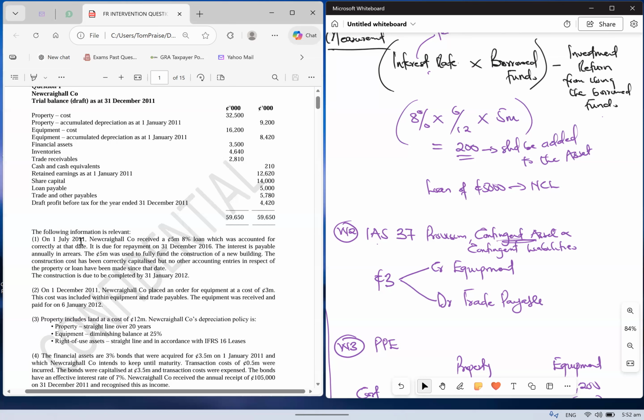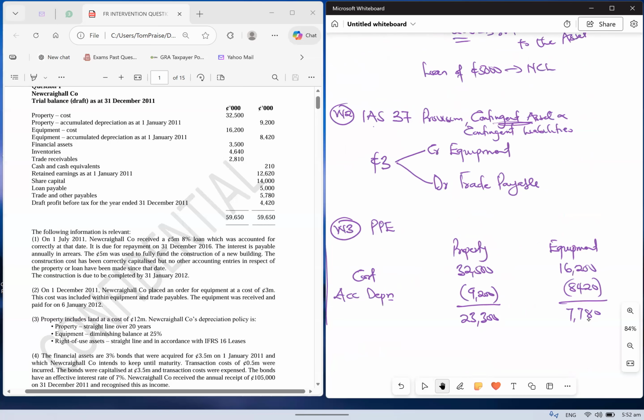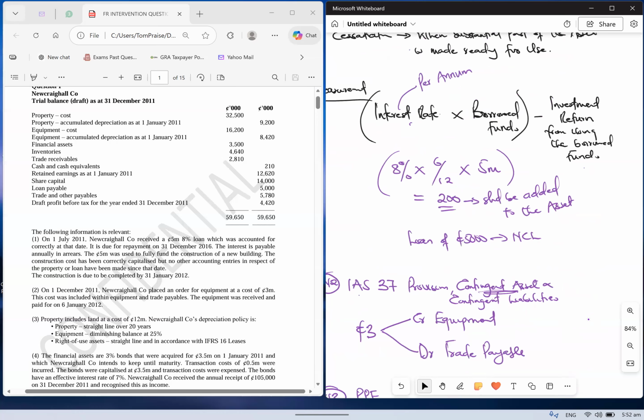And the question said that it is due for the interest payable in arrears. The 5 million used for the construction of the house should not only be an NCL, it should also be part of the asset because you use the money to do an asset. So it should be part.